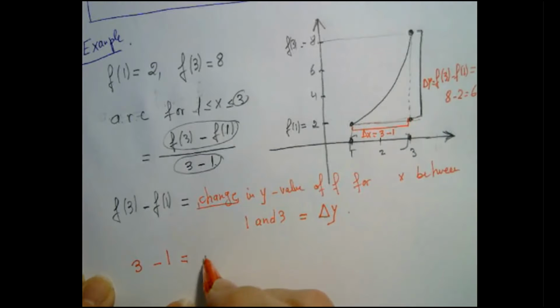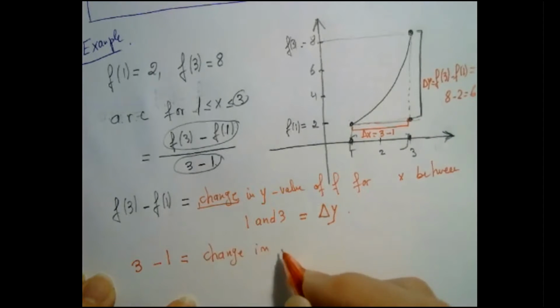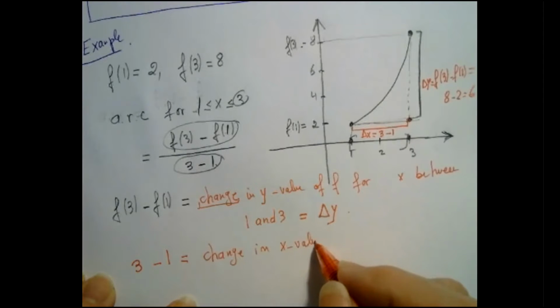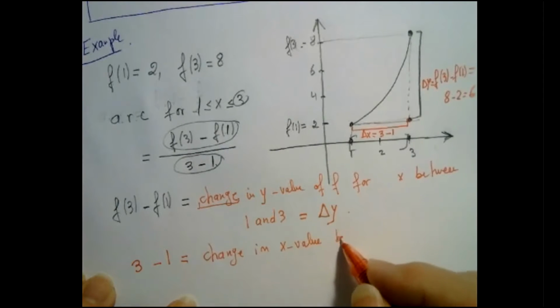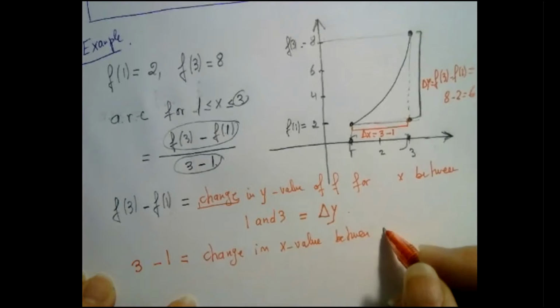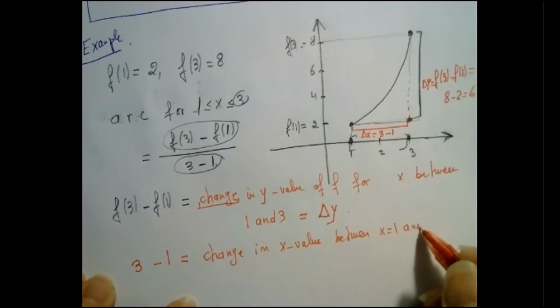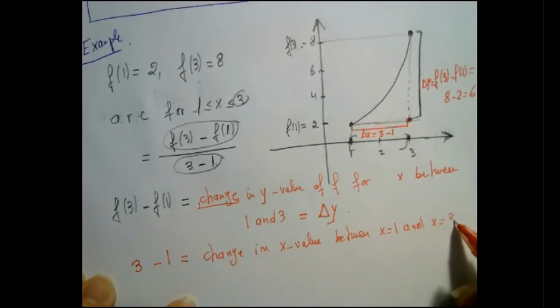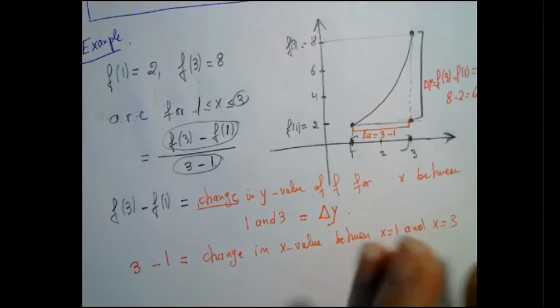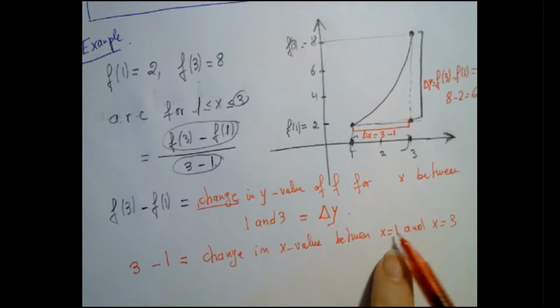So the 3 minus 1 is the change in the x value, between x equal to 1 and x equal to 3. So it's the change in input between 1 and 3. What's the change in x? x changed by 2 units going from 1 to 3.